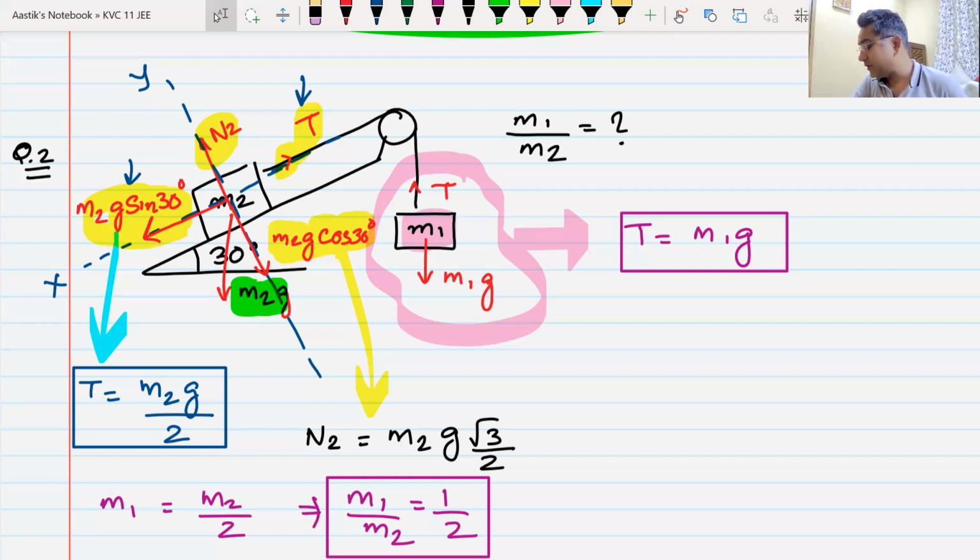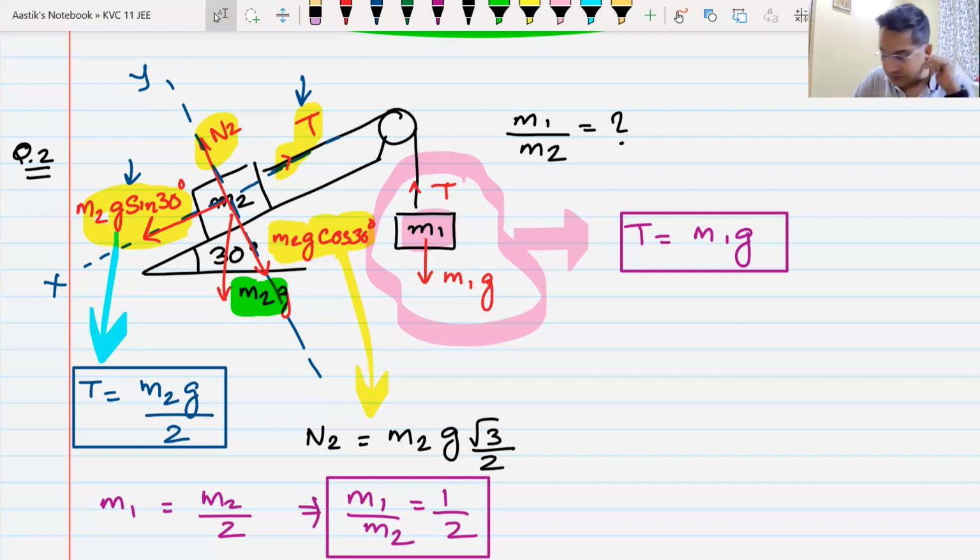Depending on which is more, we had seen that the system can only move in one particular direction. There also we were using string constraint. Do we understand this?